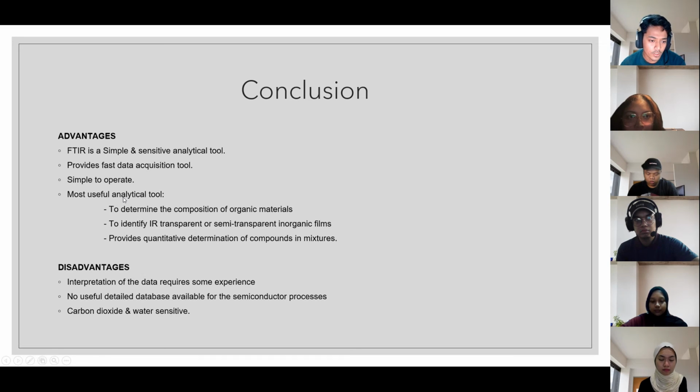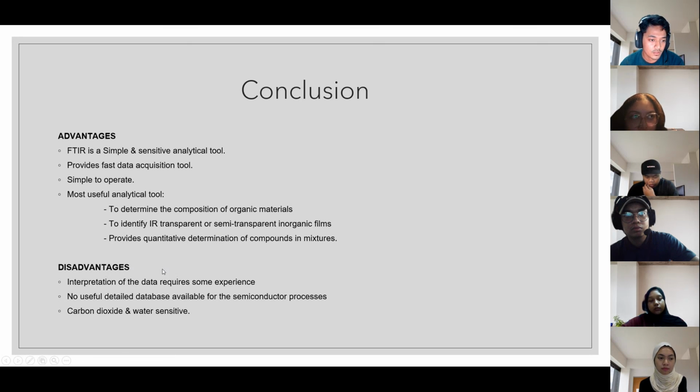The most useful use is that the FTIR determines the composition of organic materials. Second, FTIR is also used to identify transparent or semi-transparent inorganic films. And the third one provides quantitative determination of compounds in mixtures.